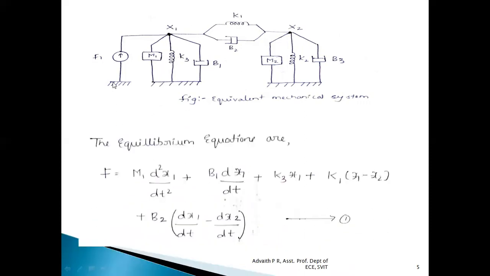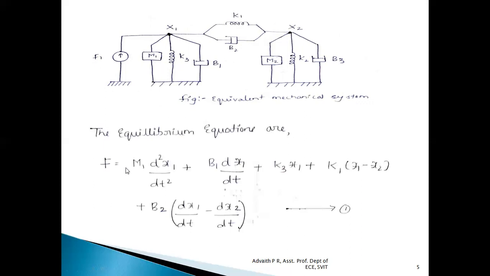As I told you, the total force F is equal to the summation of individual forces: force because of mass m1, force because of damper b1, force because of spring k3, force because of spring k1, force because of damper b2. As I told you, force on mass is proportional to its acceleration.